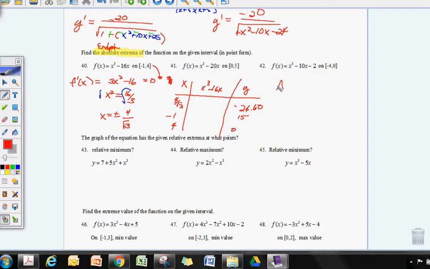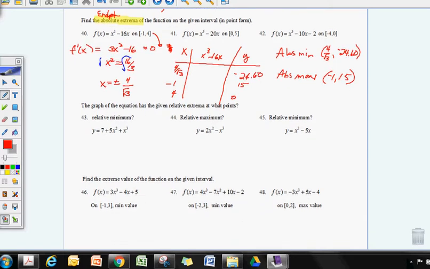So my absolute min, the smallest number, would be at 4 over root 3, negative 24.60. And for my absolute max, the highest point is at negative 115. Okay, so that takes care of starting chapter 3 with the absolute.